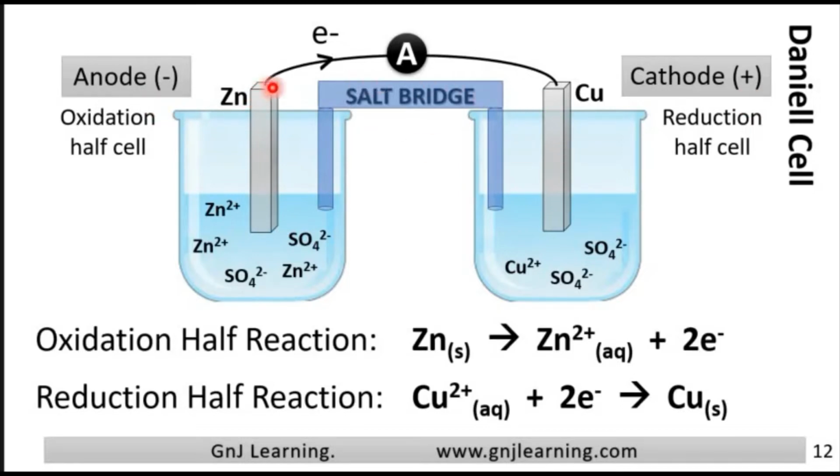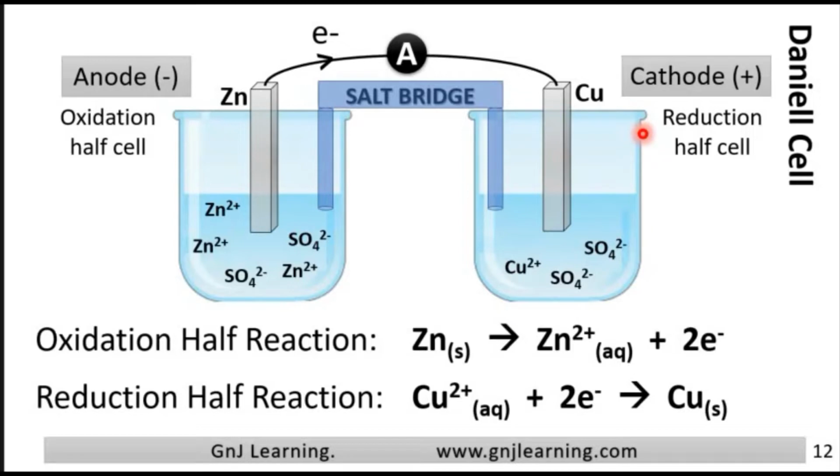Here you can see that negatively charged electrons flow from anode to cathode. That's because of the positive potential of the cathode.